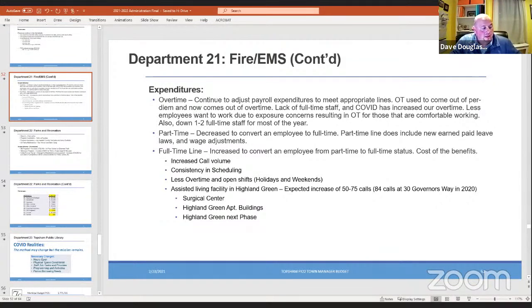I'll be honest, knowing that you haven't had a full complement of staff, I'm not going to be supporting the additional person this year. We've had to overuse that per diem line to backfill because we've been so short-staffed. Additionally, we've been told for a while now that the deputy chief is going to be retiring, and I don't see anything discussing what the plan is.